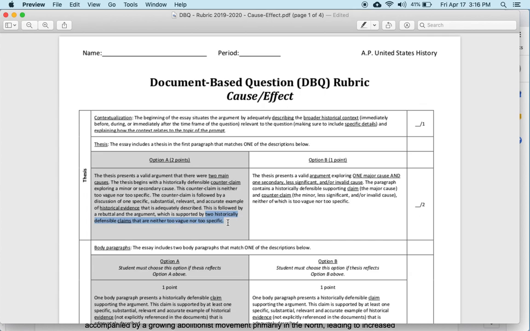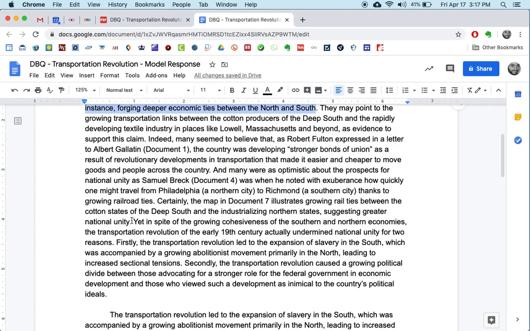Meaning, I don't just say that I think the country became more divided as a result of the transportation revolution, not less so. That's not enough. That's my broad argument, as you can see here. In spite of the growing cohesiveness of the southern and northern economies, the transportation revolution actually undermined national unity. That's not enough. They will not give you credit for a thesis that ends there, because you're not really answering the question.